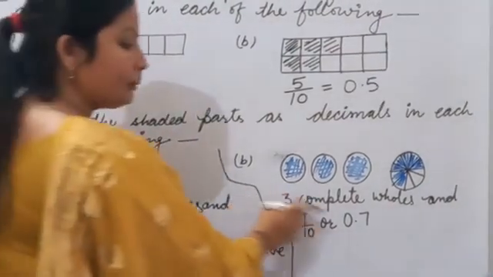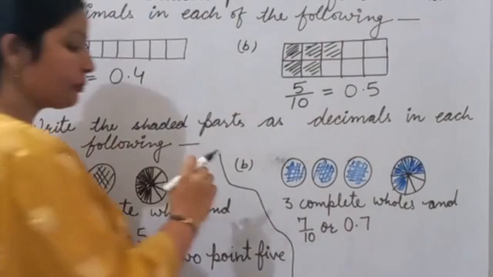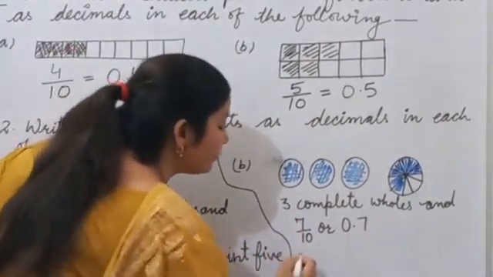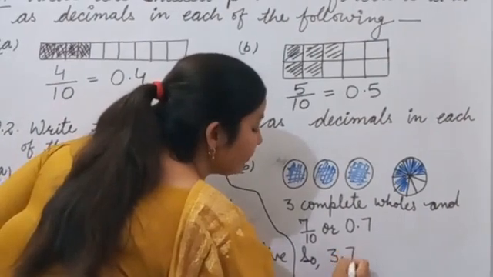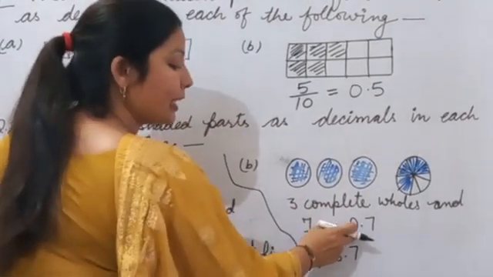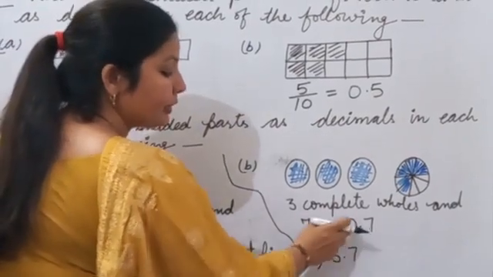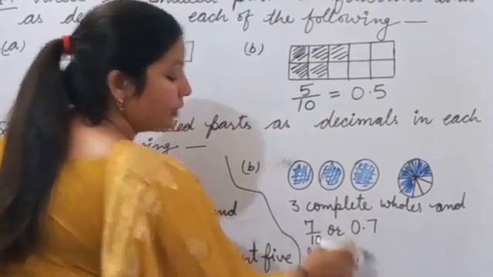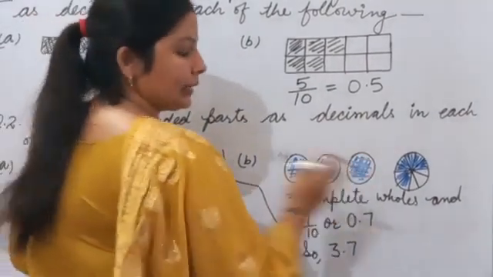So whole will come in the whole part. जो whole है वो हम whole के place पे write करेंगे. So we write here. So what does it become? 3.7 because before the decimal we have whole. So wholes are 3. So at the place of whole we write 3 and then we write 0.7 because the decimal part is 0.7.